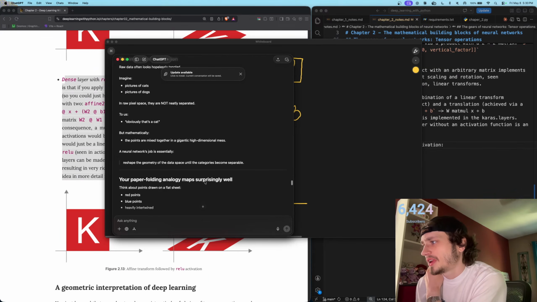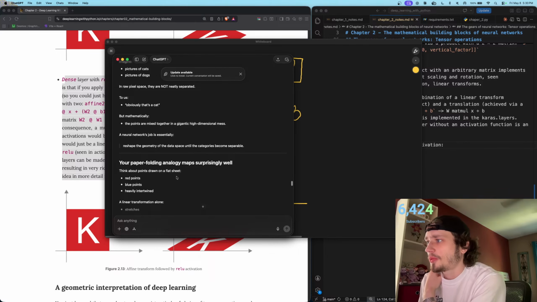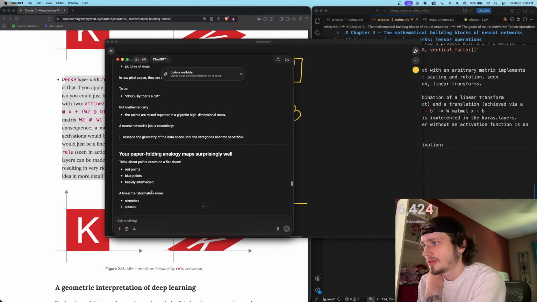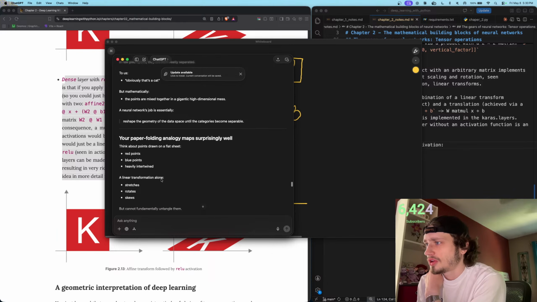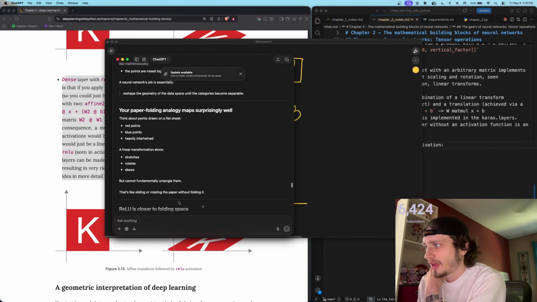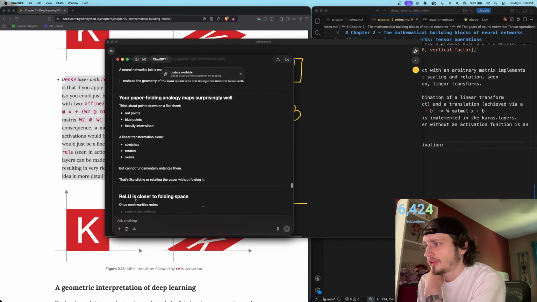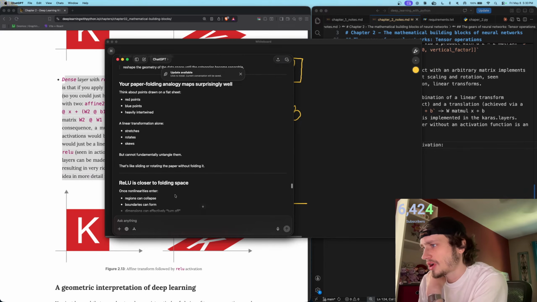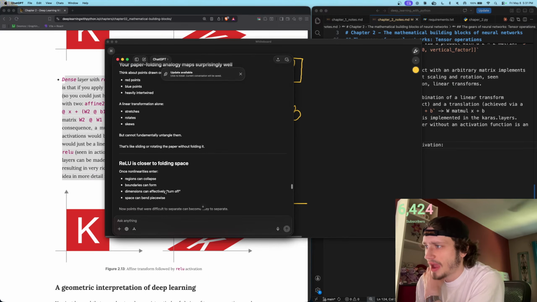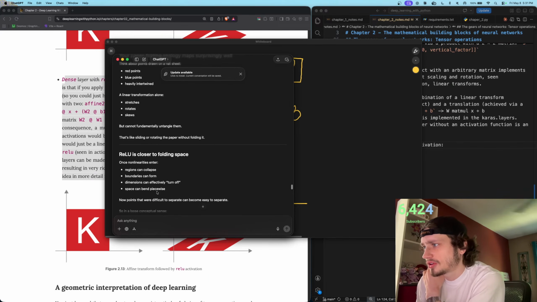Your paper folding analogy maps surprisingly well. Think about points drawn on a flat sheet, red points and blue points, heavily intertwined. Linear transformations alone stretch, rotate, and skew, but cannot fundamentally untangle them. That's like sliding or rotating the paper without folding it. ReLU is closer to folding space. Once non-linearities enter, regions can collapse, boundaries can form, dimensions can effectively turn off.